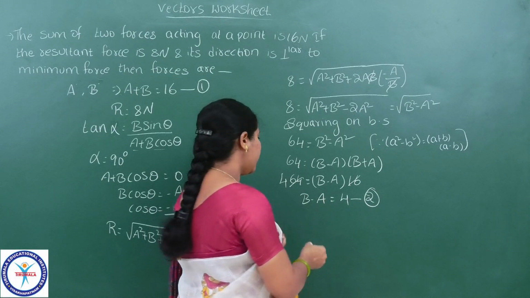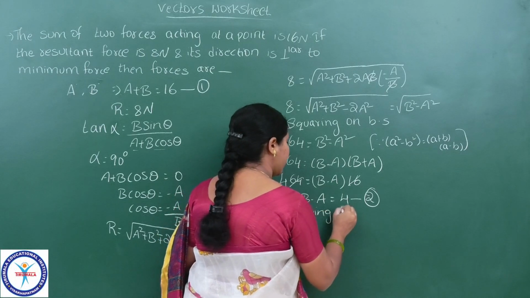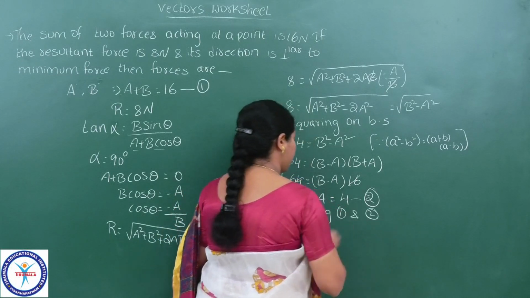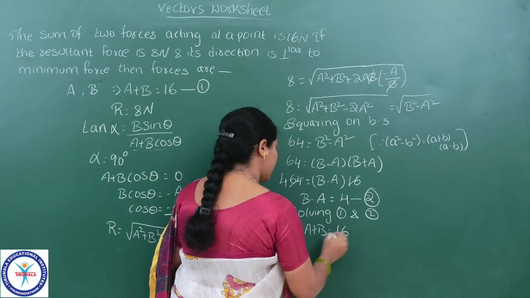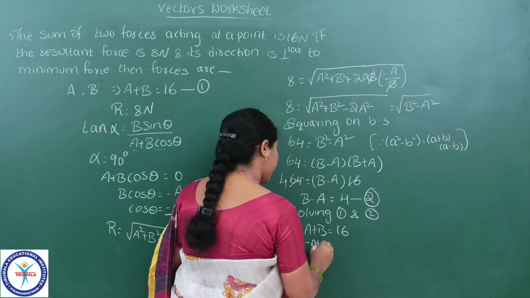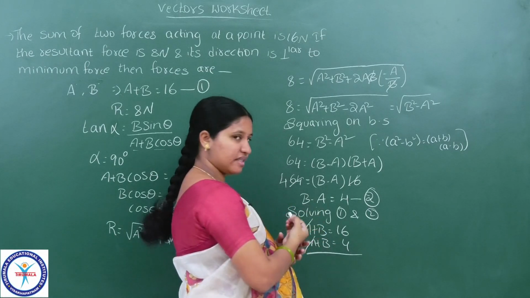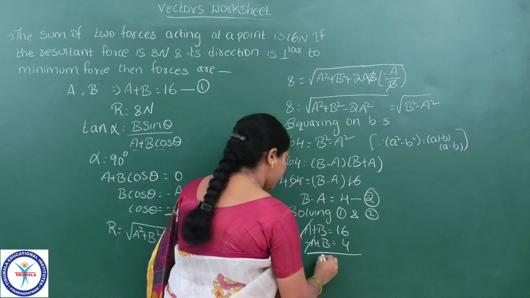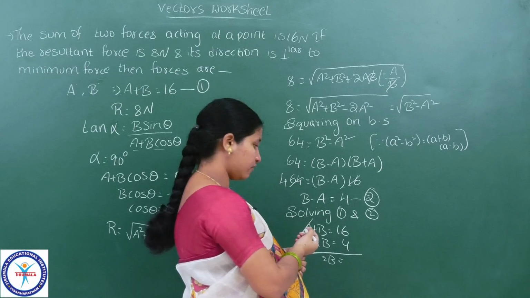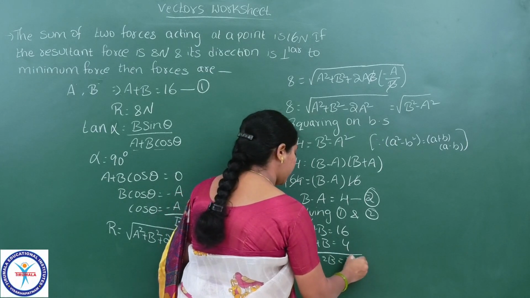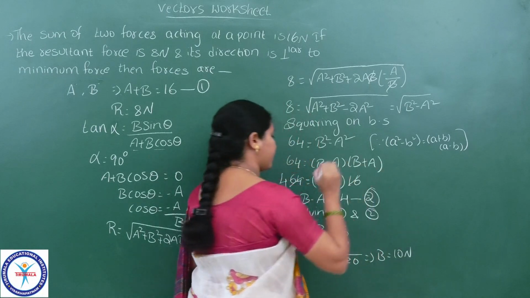So on solving these two equations, equation 1 and 2, that is A plus B equal to 16 and minus A plus B equal to 4, plus A minus A gets cancelled, B plus B, 2B equal to 16 plus 4 gives us 20. So we get B as 10 newtons.